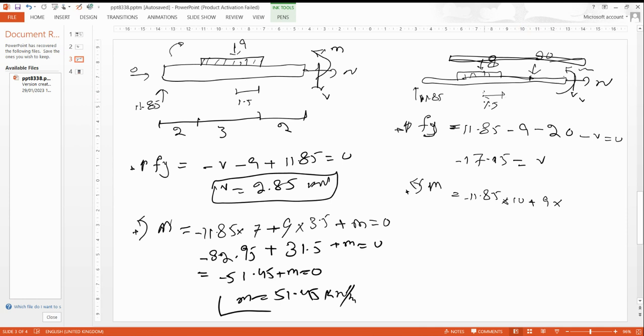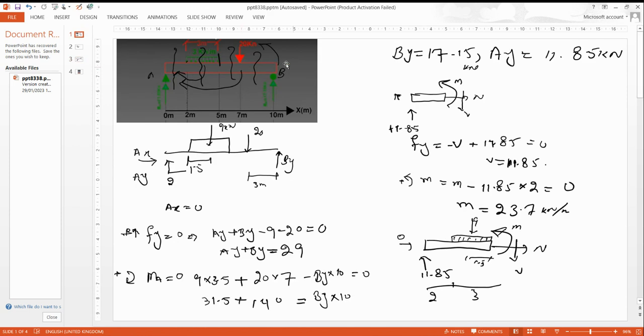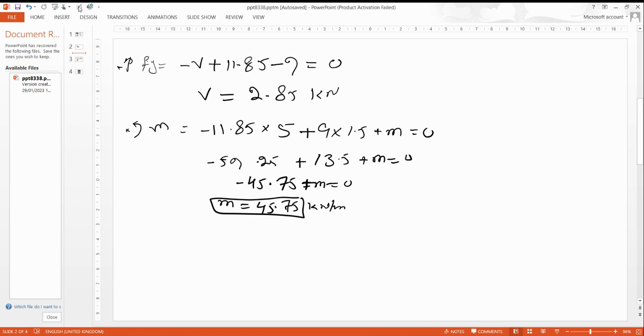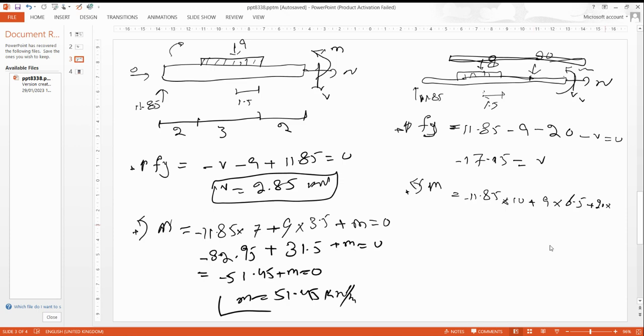So 3 plus 2 plus 1.5, it's 6.5. And the same, 20 is going positive: 20 multiplied by the distance from 20 to the last point, so it's 3 meter. So 20 multiplied by 3 plus M equals 0.